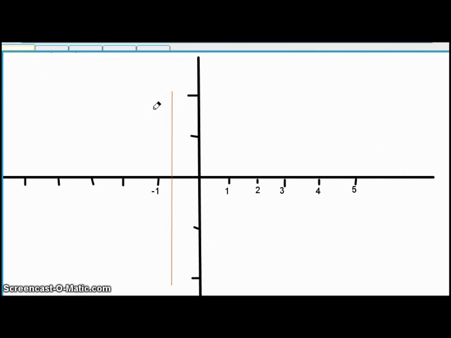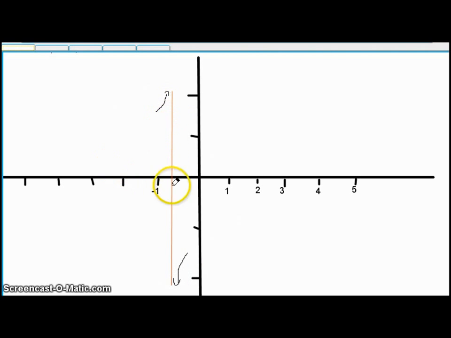As we look at our table of values, we know that here it's approaching negative infinity, this is approaching positive infinity, and this is approaching negative infinity.